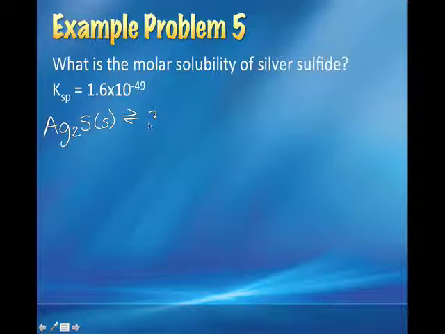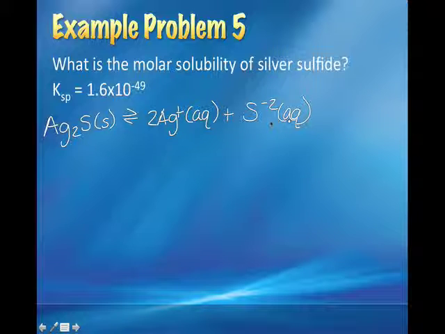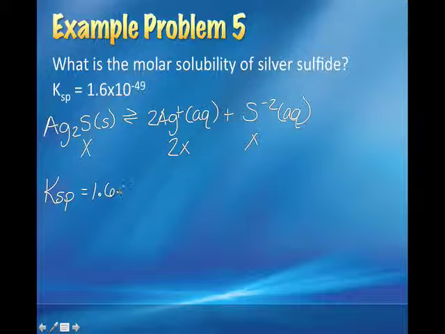This is going to split into 2 silvers and 1 sulfide. If this is X, this is 2X, and this is X. Ksp is equal to 1.6 times 10 to the negative 49th.